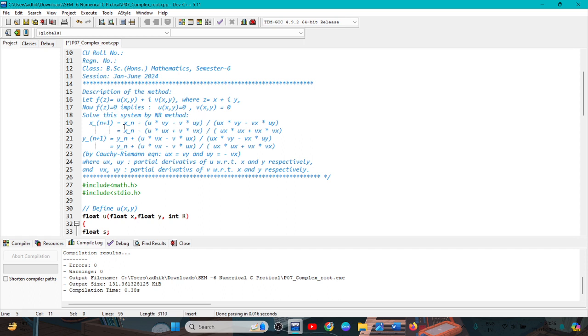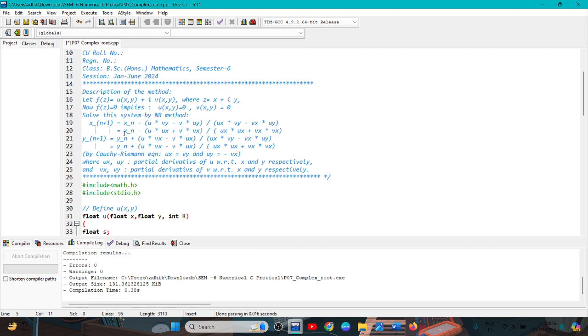Hence, xn plus 1 equal to xn minus u into del v del y minus v into del u del y, whole divided by del u del x into del v del y minus del v del x into del u del y.